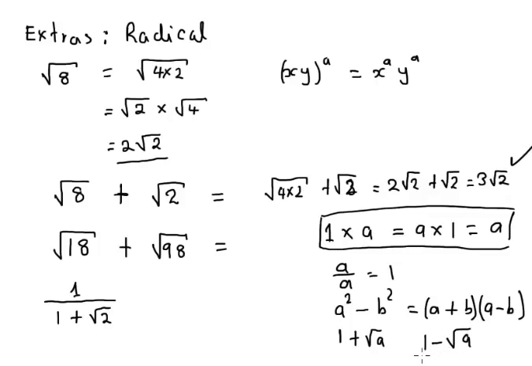I call those conjugates. The two are conjugates. One is the conjugate of the other. All together. Now listen. If I've got this irrational denominator here, I want to change the denominator to a rational denominator. I must call upon the conjugate.